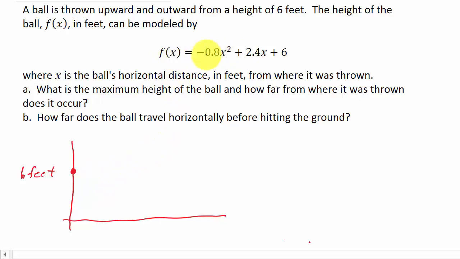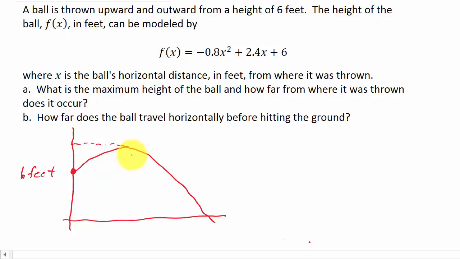Now, it's modeled by this function, and the function is a parabola, and we know a parabola looks something like this. We want to find the maximum height. Well, the maximum height of the ball is right here.